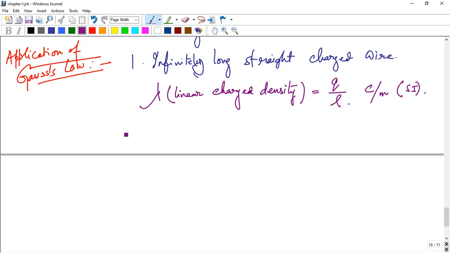So we get the electric field E for linear charge density as 1 over 4 pi epsilon naught times twice lambda by R. You can simplify by cancelling the 2 and 4, so you get 1 over 2 pi epsilon naught times lambda by R.